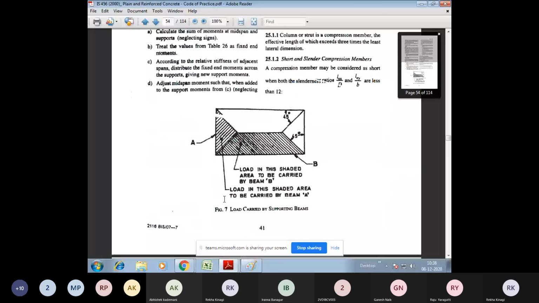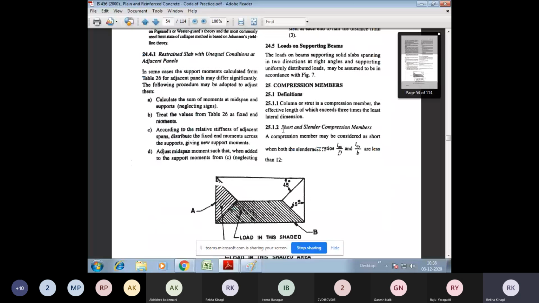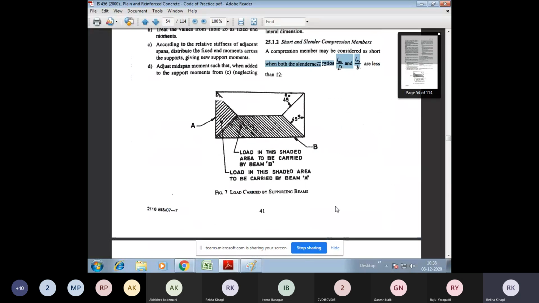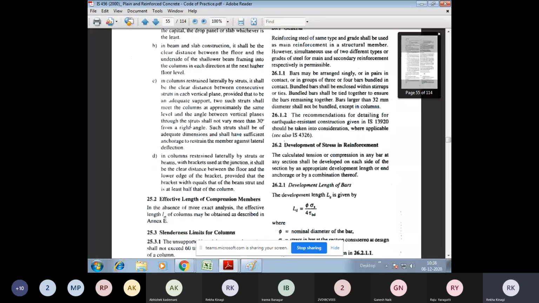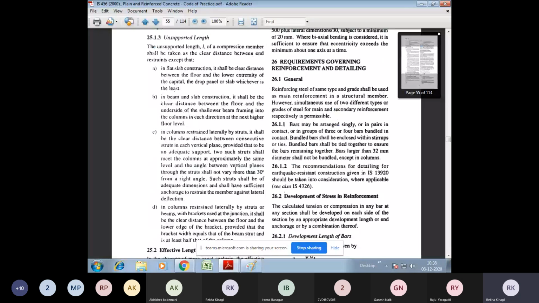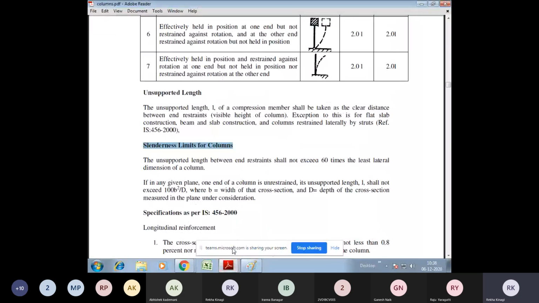And here for the compression members definition we have short and slender column members, depending upon what criteria we decide the short column and the slender column. And here we have the unsupported length provisions, effective length, slenderness limit, and lastly the minimum eccentricity.